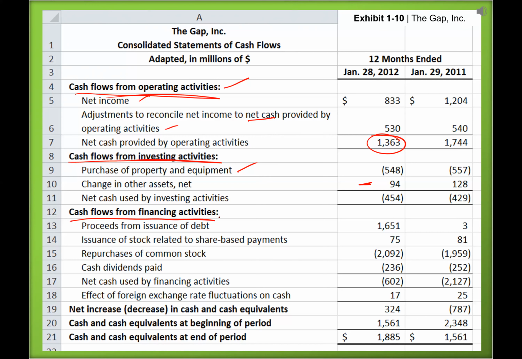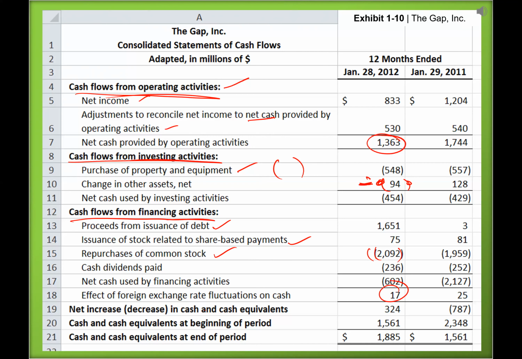And cash flow from financing: you see you receive debt, you issue stock, you purchase your own stock. So that's why it is a negative sign. See, parentheses mean negative. Either you write negative 94 or you write it like this. So it means negative. And you see here 17, right?